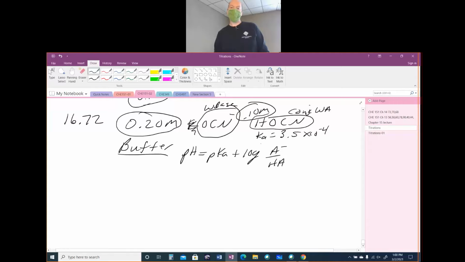All right, so there's the Ka. So you get the pKa by taking the negative log of 3.5 times 10 to the minus 4, which is 3.46. And so I have the pH is equal to 3.46 plus the log of your A minus, your OCN minus, 0.20 molar, over your HA, which is your HOCN, 0.10 molar.